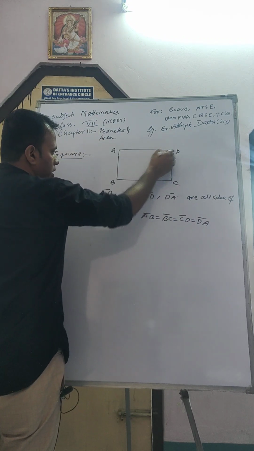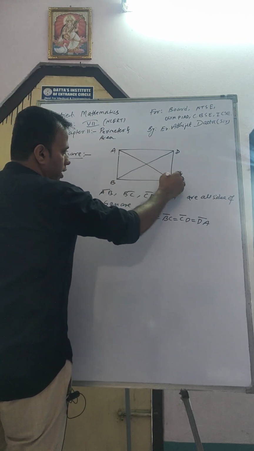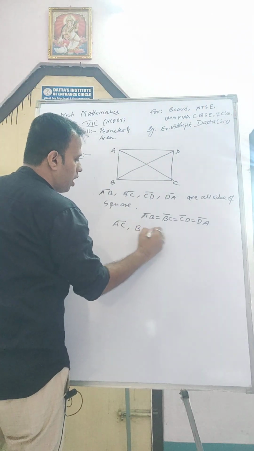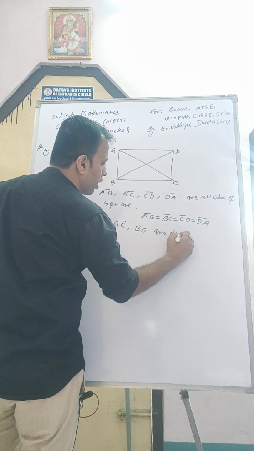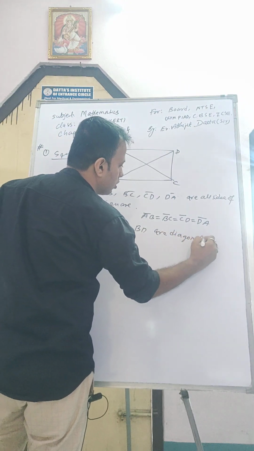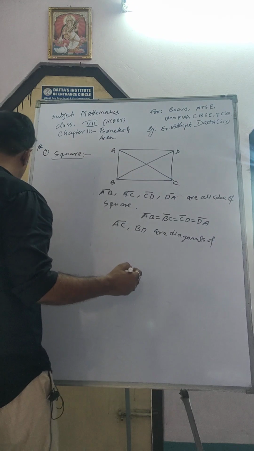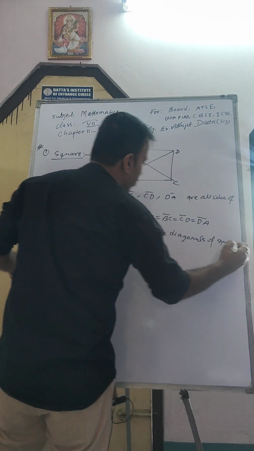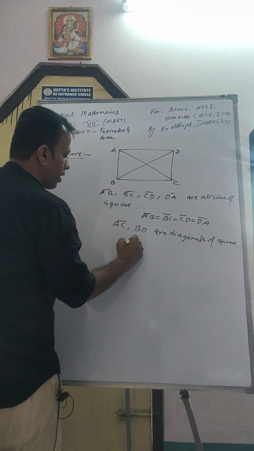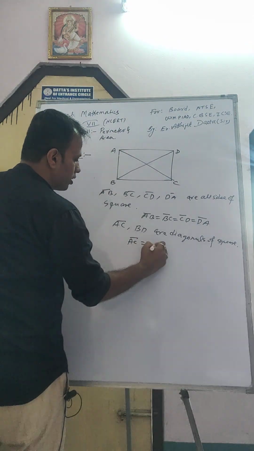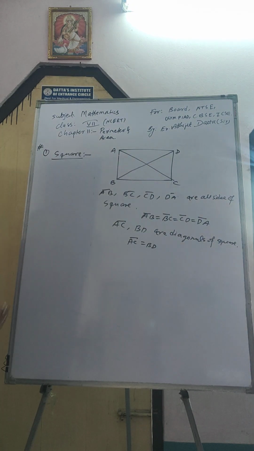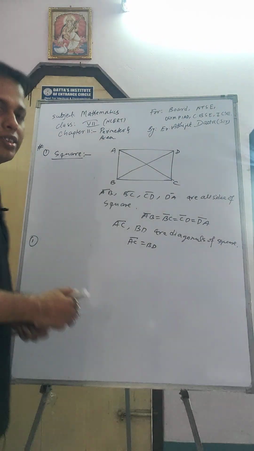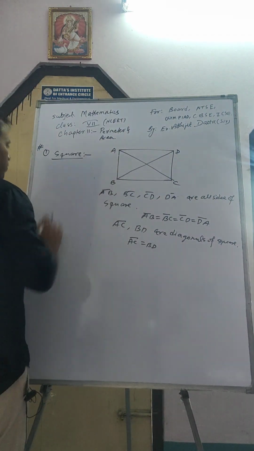And this one is a diagonal and this one is also a diagonal. AC, BD are called diagonals of a square. In a square, these diagonals AC and BD are equal.